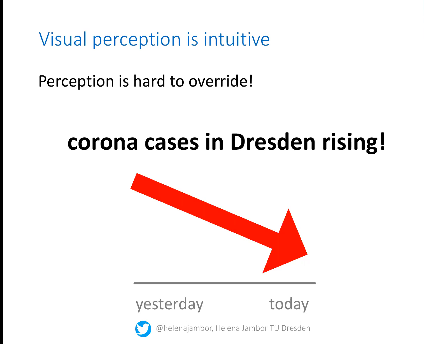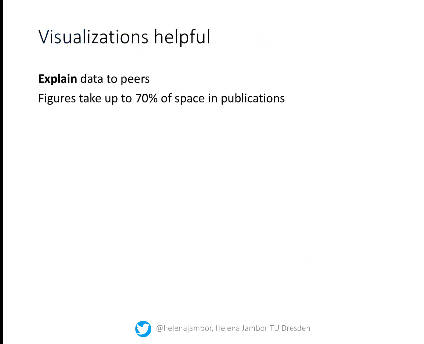What it actually remembers is the downward arrow, which indicates that it's actually decreasing. So perception is intuitive, very efficient and fast, but it's hard to override. So you have to put in a lot of work to counter the effect of visualizations.